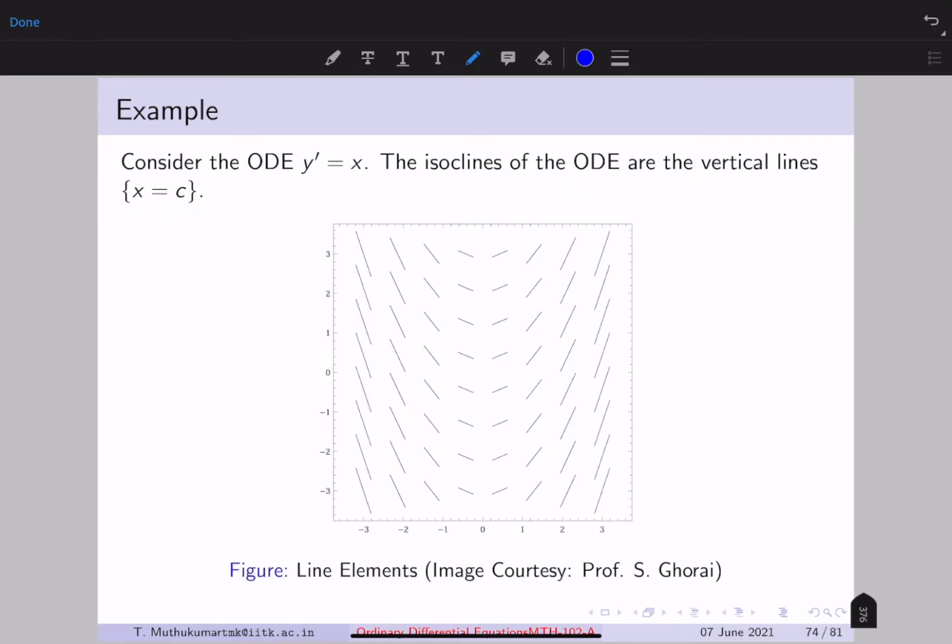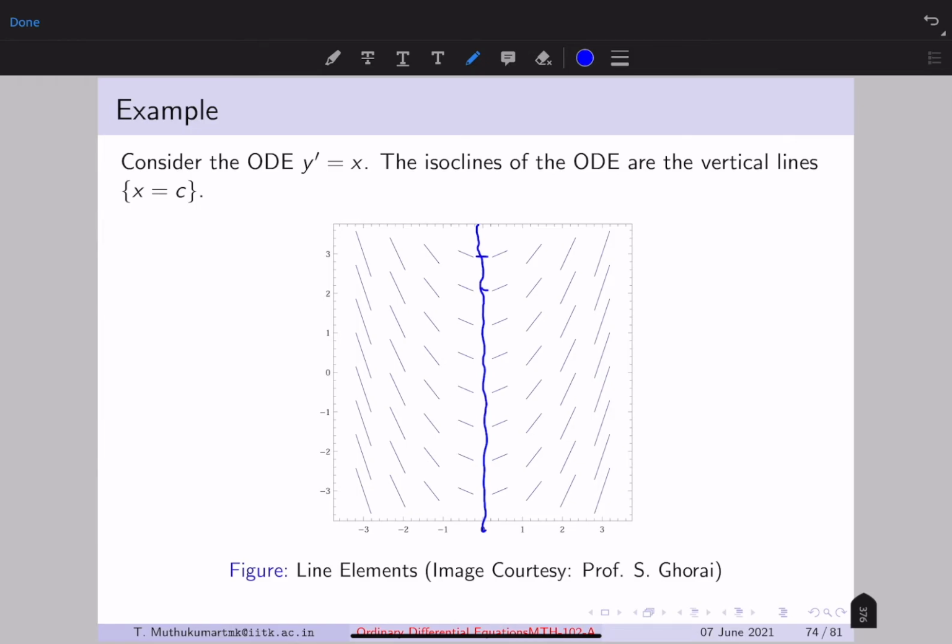Okay. Now what you have done here is you have plotted all the line segments of various slopes. So this already gives you the shape of the curve. This is the y-axis, where the slope is 0.